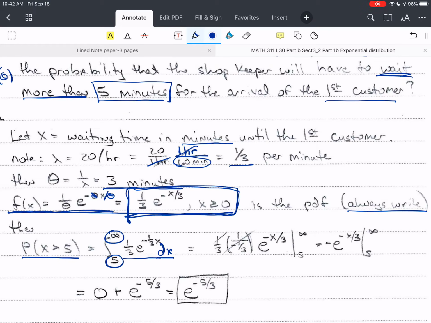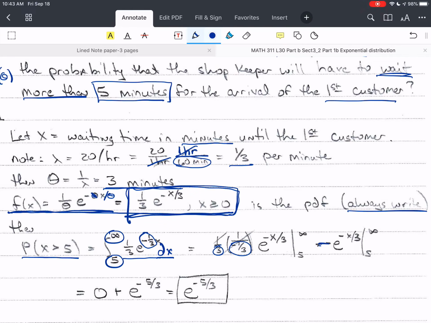And so when I do this, the exponent here, I'm going to divide by that. So that's 1 over negative 1/3. And so the 3 on the bottom cancels with the 1/3 on the bottom, and I end up with a negative. And so I still have the negative here.